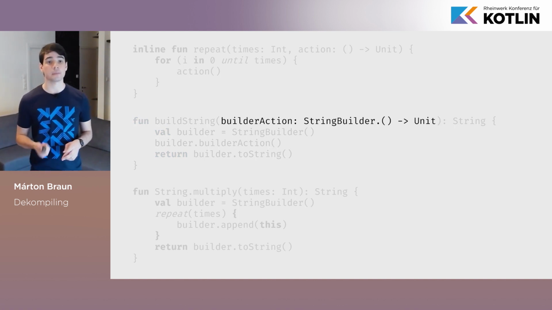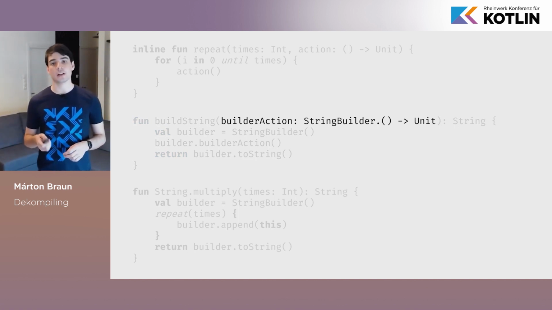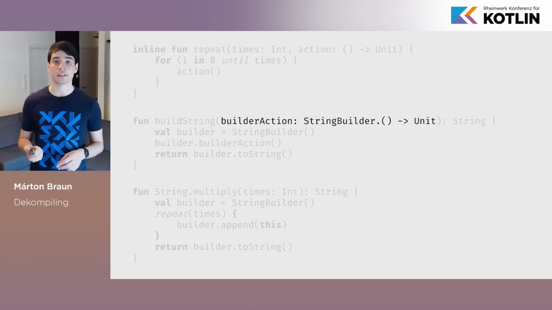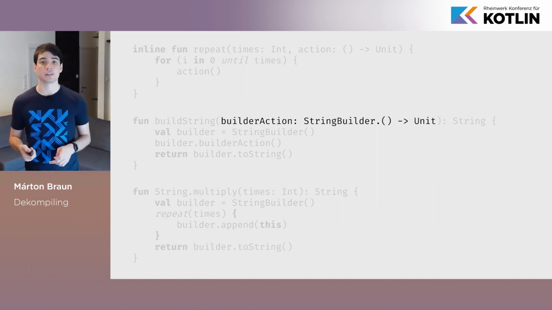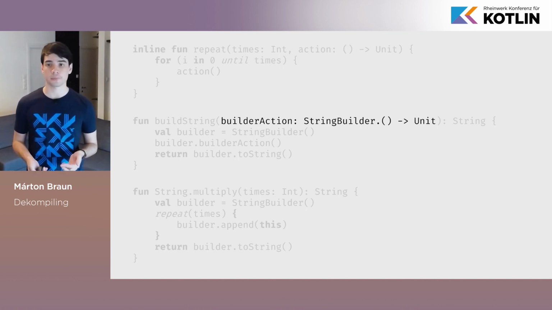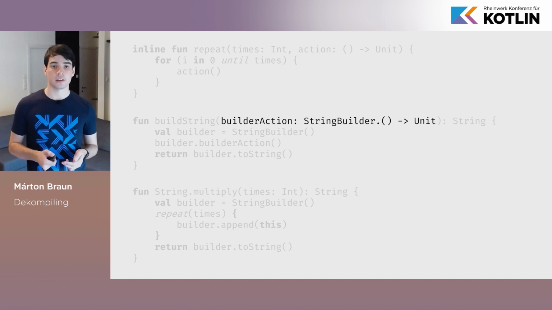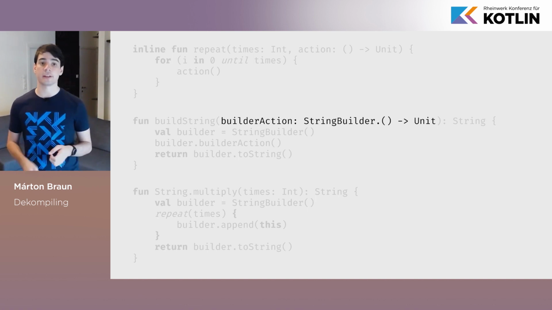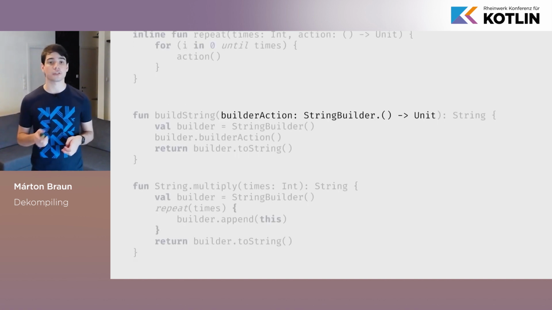So we're taking a lambda as the parameter of buildString, a lambda that's an extension on the string builder type, so that whoever's implementing the lambda can call methods on a string builder. And that string builder is going to be the one that was created in our buildString function.